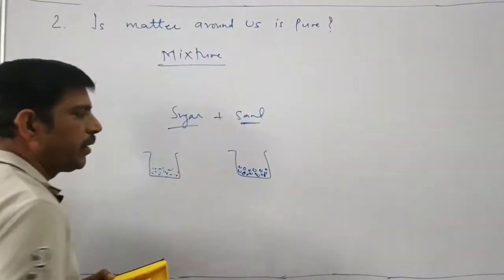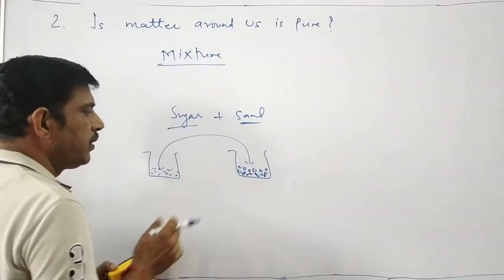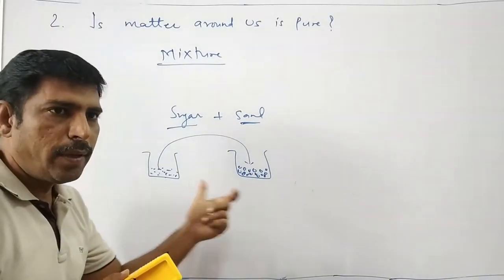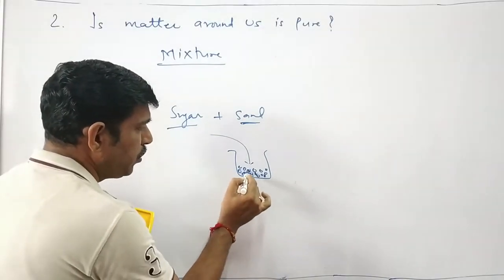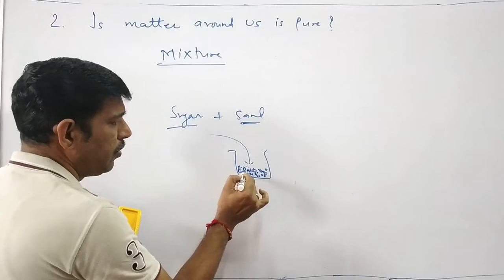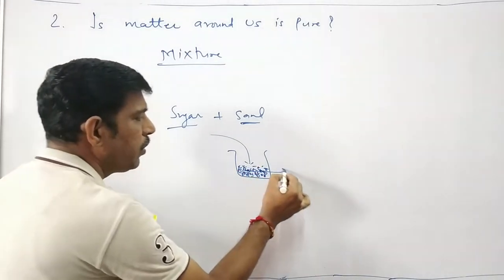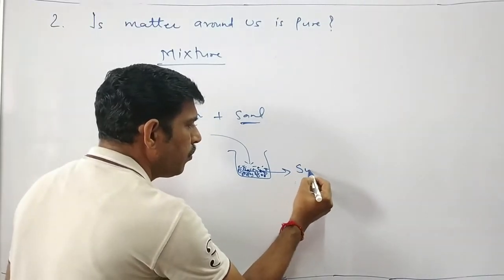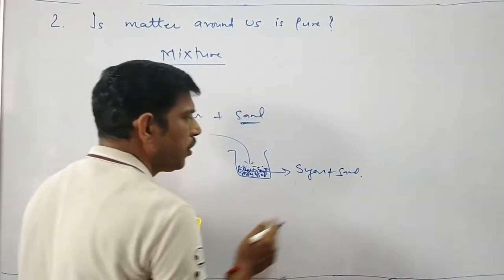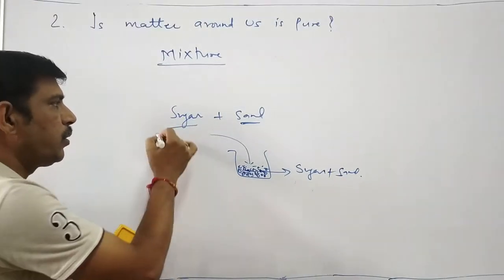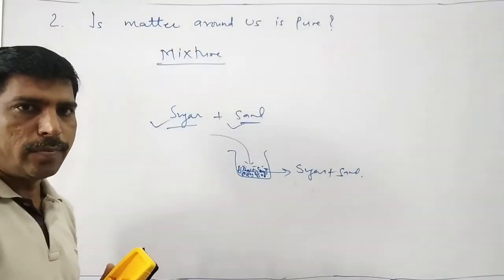If I pour the sugar into the beaker that contains sand, the sugar takes its place among the sand. Now it contains a mixture of sugar plus sand. Sugar is one pure substance and sand is one pure substance.